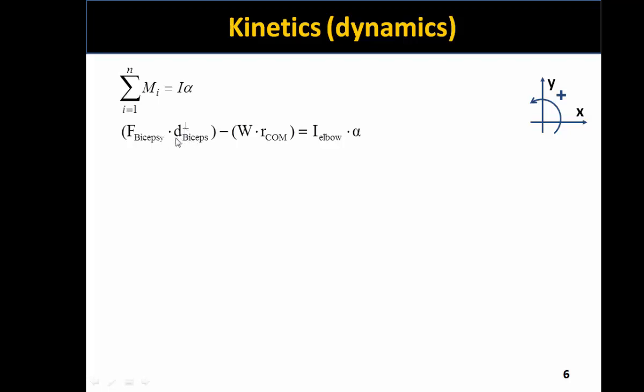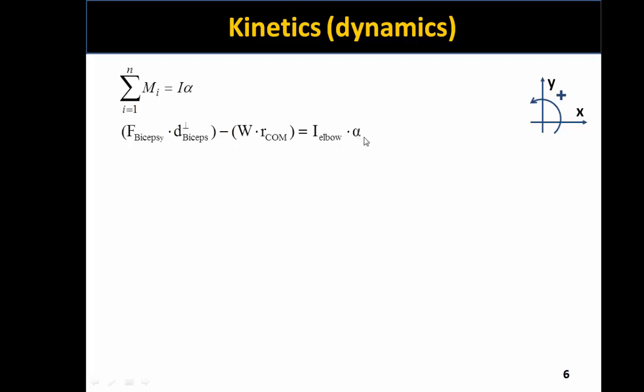And so that's actually 2 centimeters from the joint. I'm going to subtract that from the weight of the arm times just simply the distance to the center of mass from the elbow because it's in a horizontal position. So that's going to be helpful in that regard. I have I elbow times alpha.